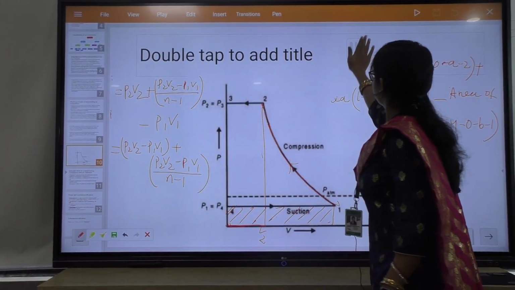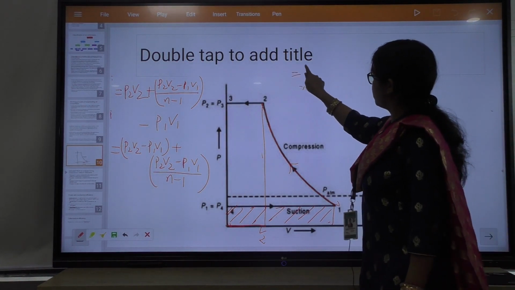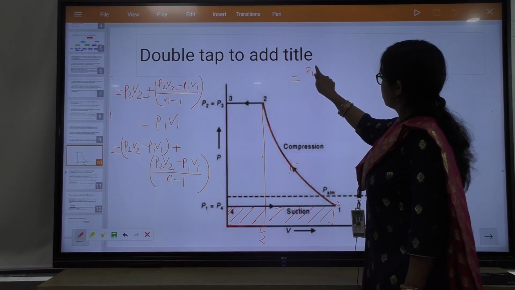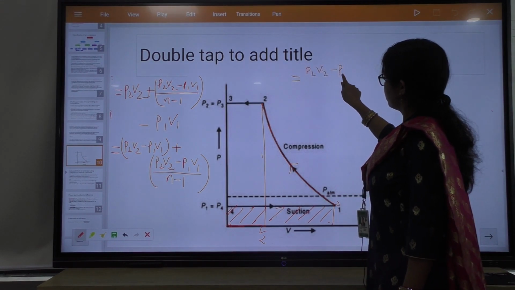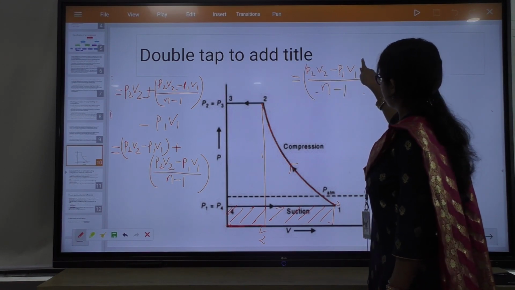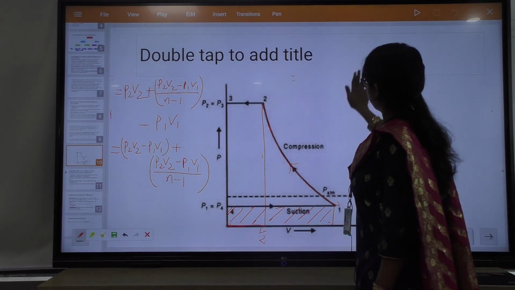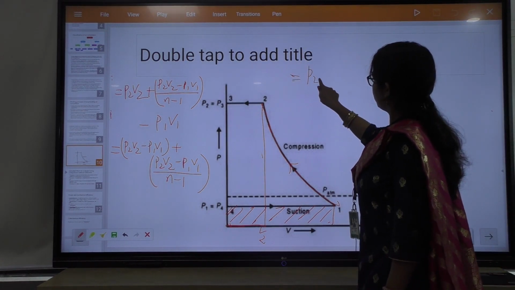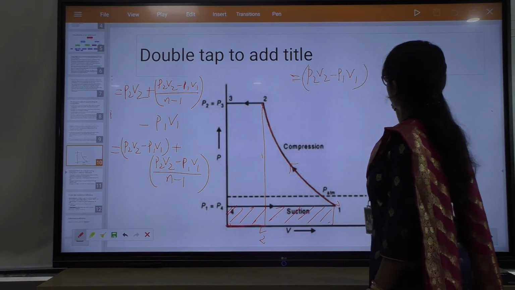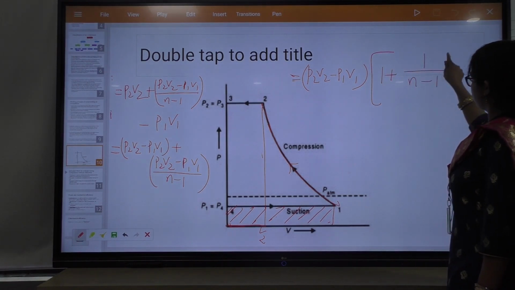Then what will happen? We will take common P2 V2 minus P1 V1 divided by n minus 1. I will take common P2 V2 minus P1 V1, then 1 plus 1 by n minus 1.